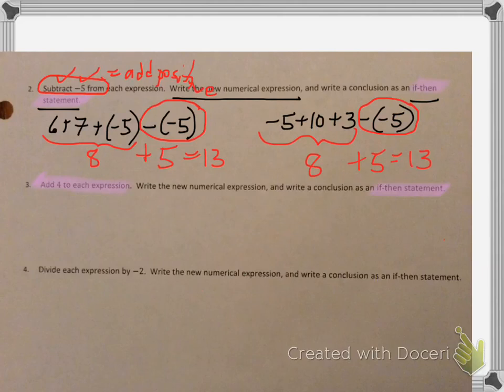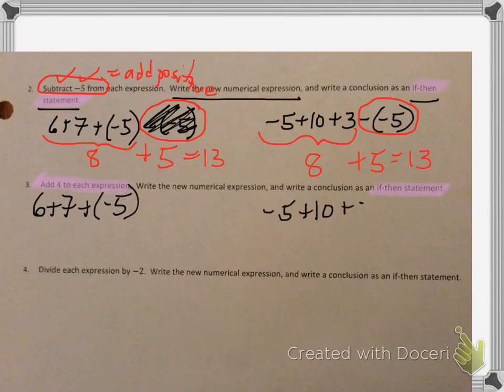So you're going to ignore this part right here. Take the two original expressions, 6 plus 7 plus negative 5, and then negative 5 plus 10 plus 3, and go ahead, but this time add 4 to each expression.